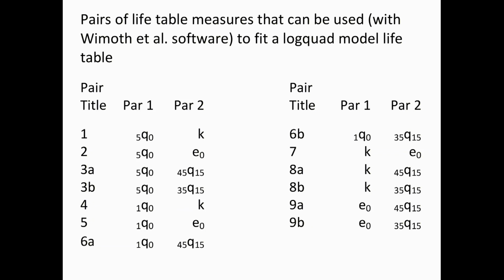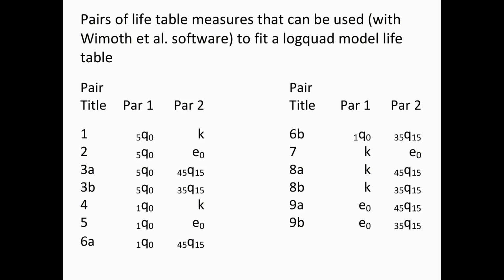And the software will reject it if you put in two child mortality parameters or two adult mortality parameters. But they do give you some ways to back out of it if you don't have a 5Q0 or you're missing a 45Q15.